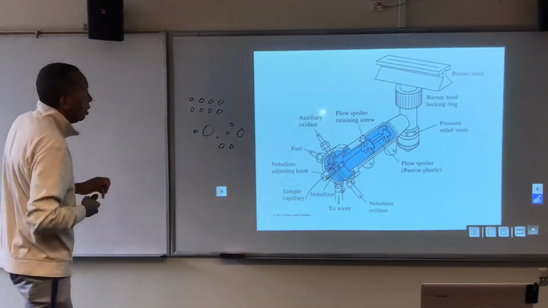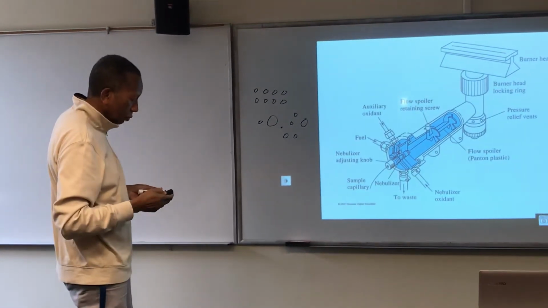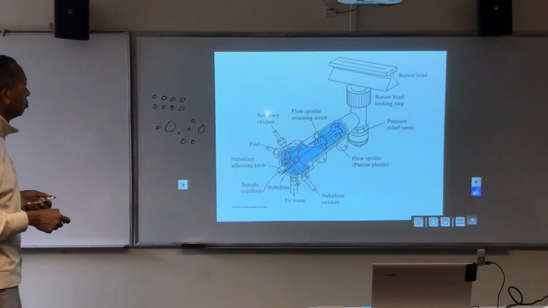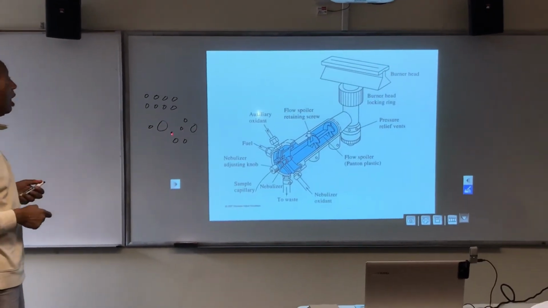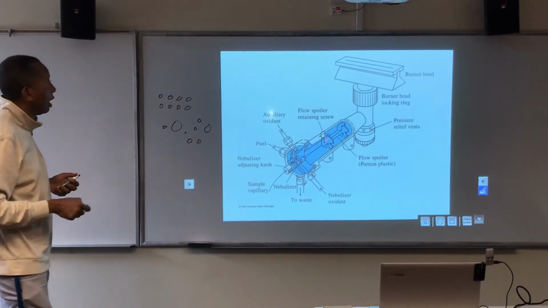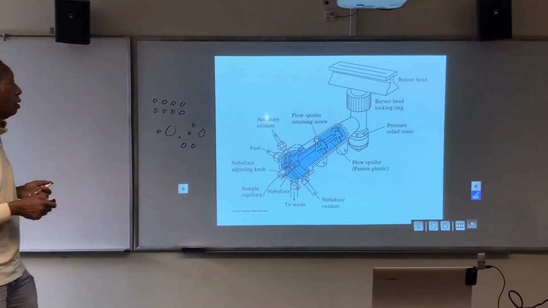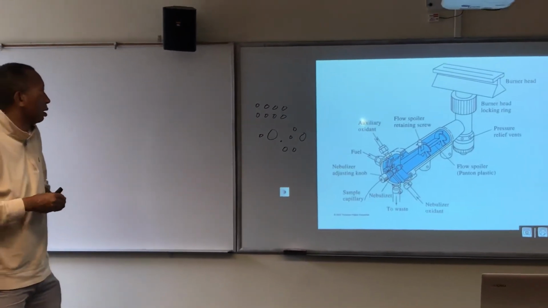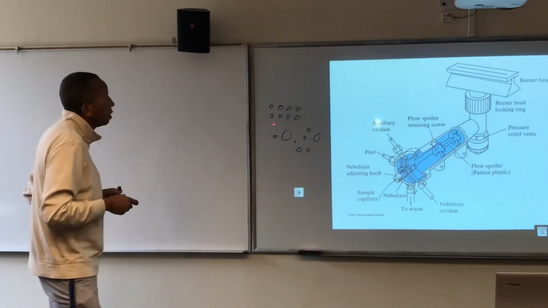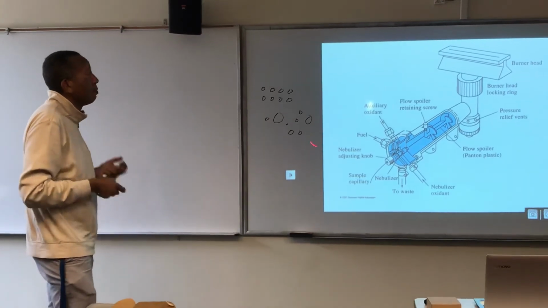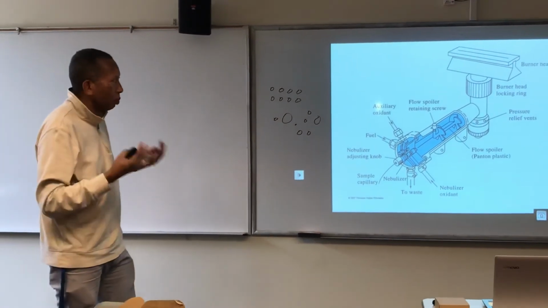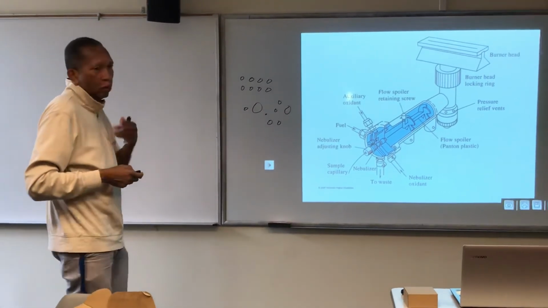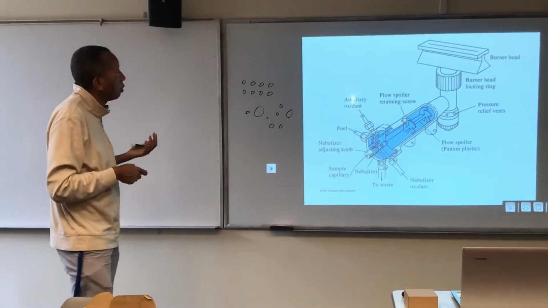If we have particles of different sizes and they all get to the flame, the output is going to vary as a function of time, because there's no consistency in the amount of sample being aspirated into the flame. Sometimes we have a lot of large particles, so we have more sample, sometimes we have only smaller ones.